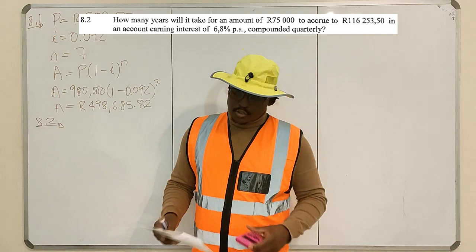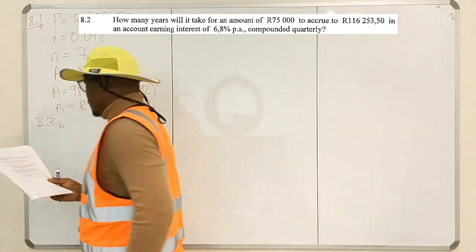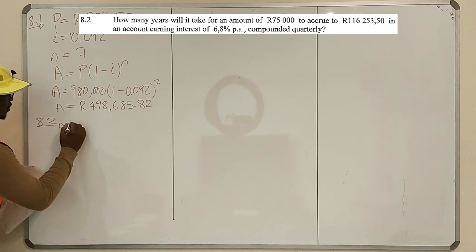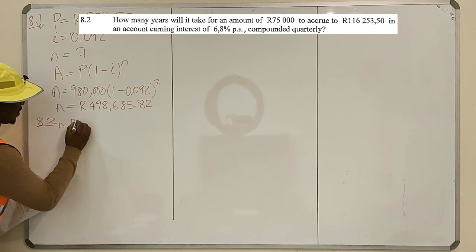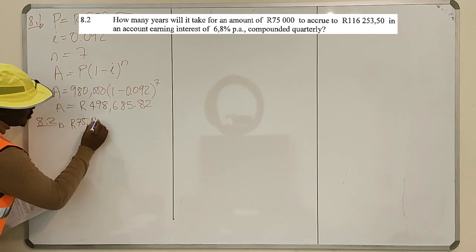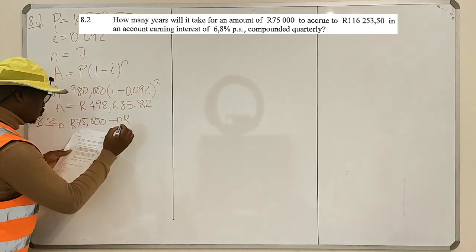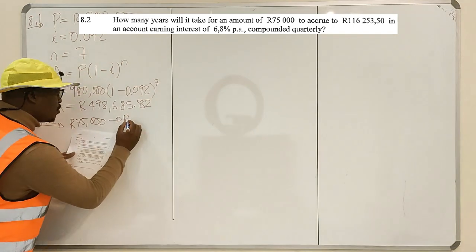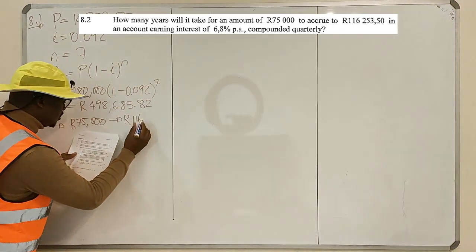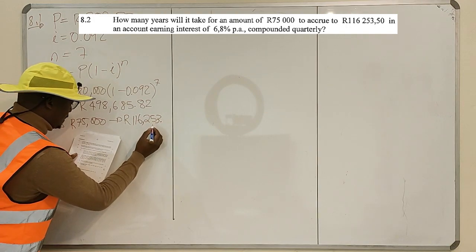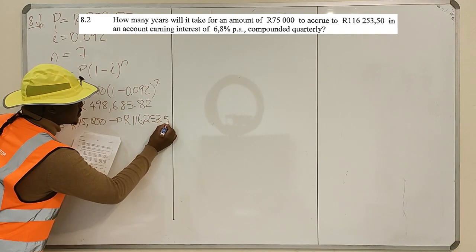Good. So now they are telling you that. How long will it take 75,000 to accrue to become 116,253 rands 50 cents?